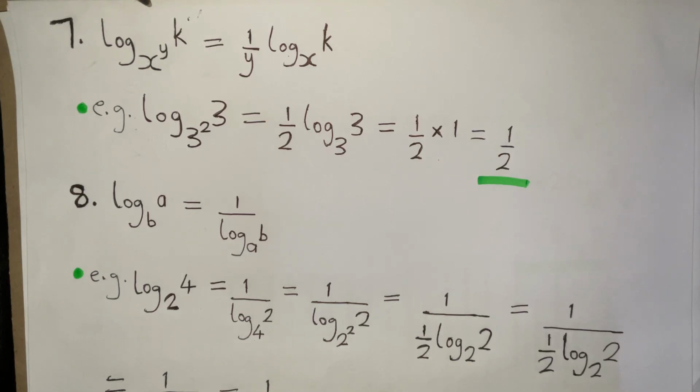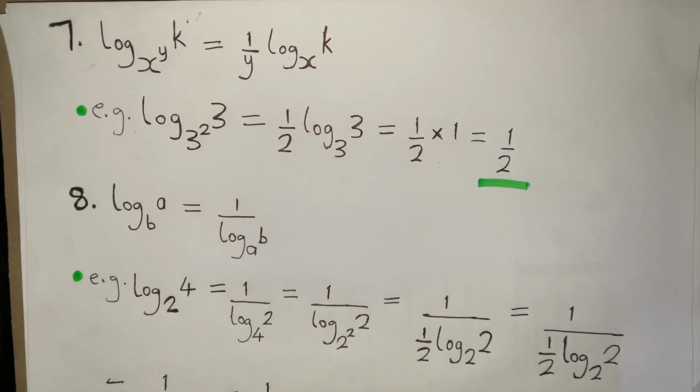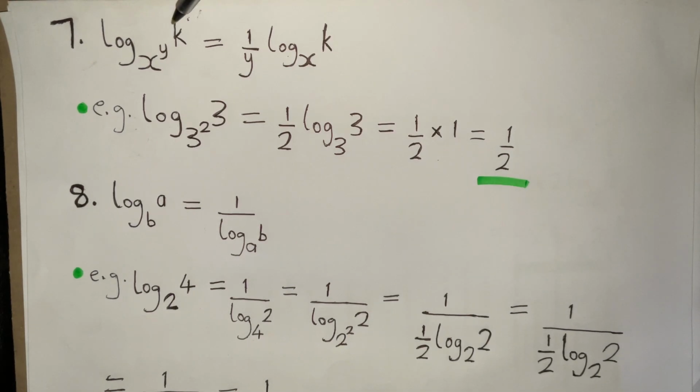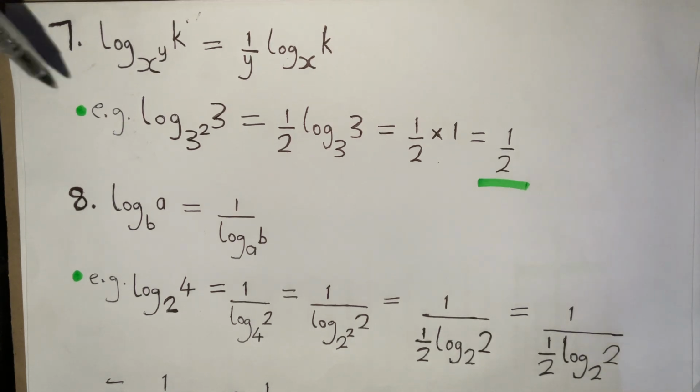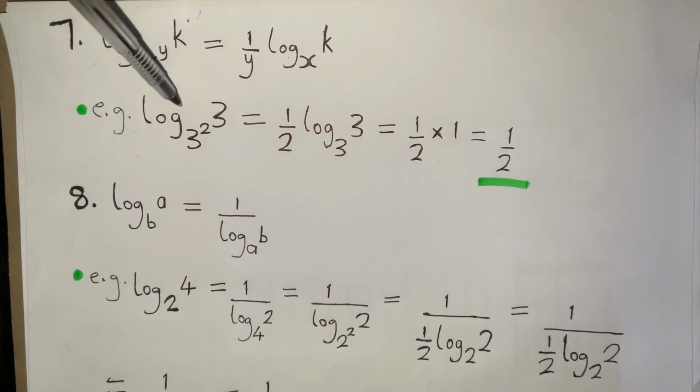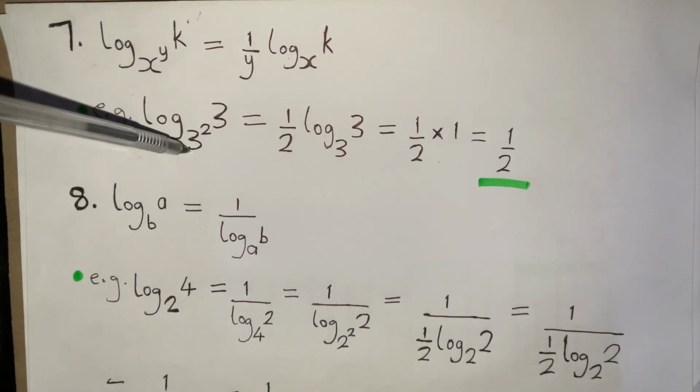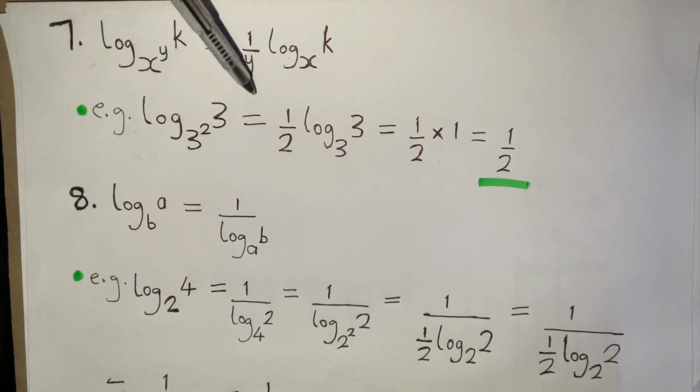So what we do is take the power of the base, in this case y, and we say 1 over y log of k to base x. As an example, log of 3 to base 3 to the power 2 becomes 1 over 2.